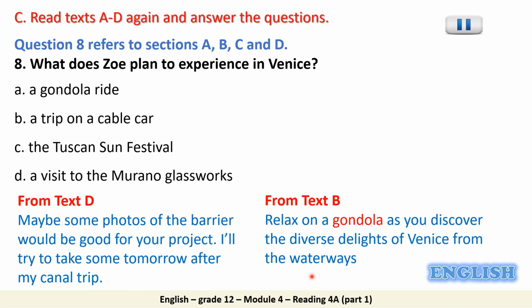From text B, we have waterways. Waterways means the same as a canal. So this means that tomorrow she will be going on a gondola ride. Excellent.